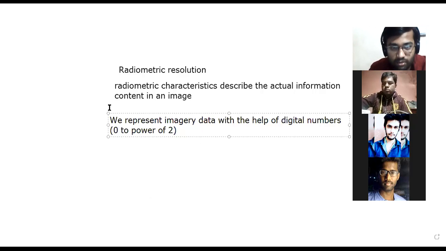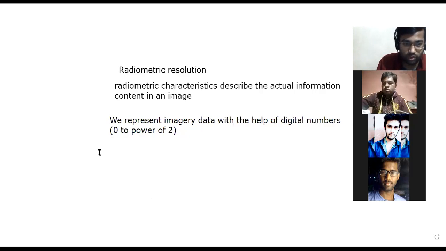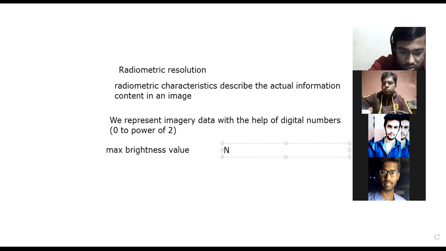Your maximum brightness value depends on how many bits you are using. So I can write: maximum brightness value is directly proportional to bits.